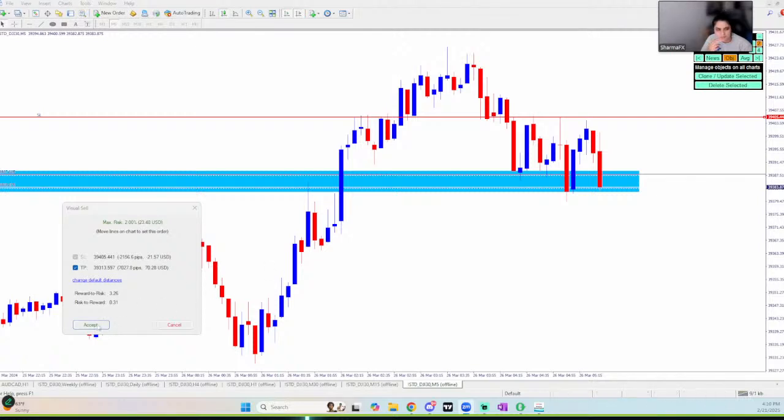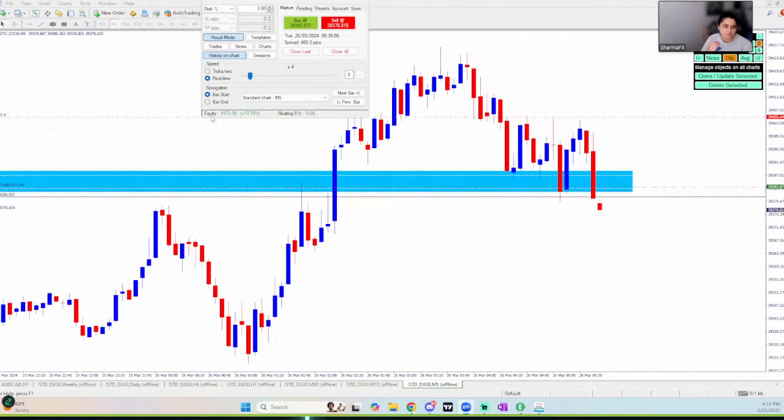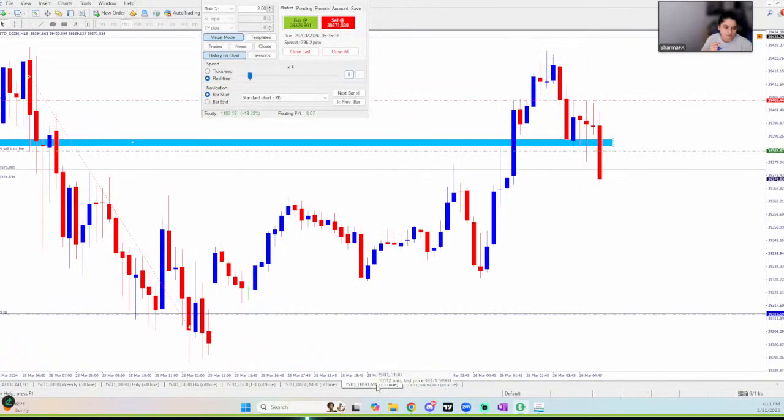Yeah, a bit of a gap down happening here on the 5 minute. And then 15 is still quite bearish.